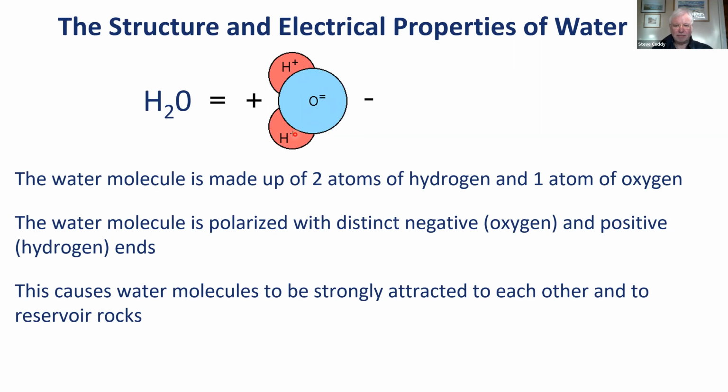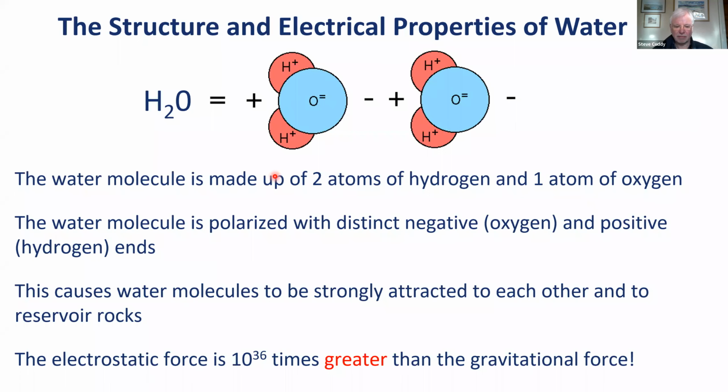So it's polarized with a distinctive negative side and a positive side. So this causes the different molecules to be strongly attracted to each other and also to the reservoir rock. In actual fact, this force is 10 to the 36 times greater than the gravitational force. So we shouldn't ignore it.